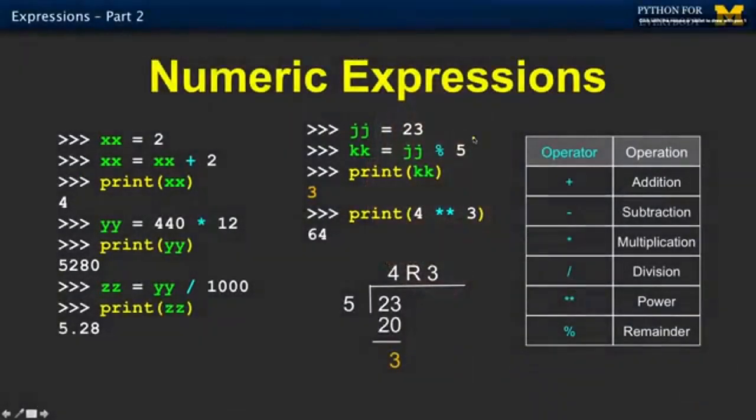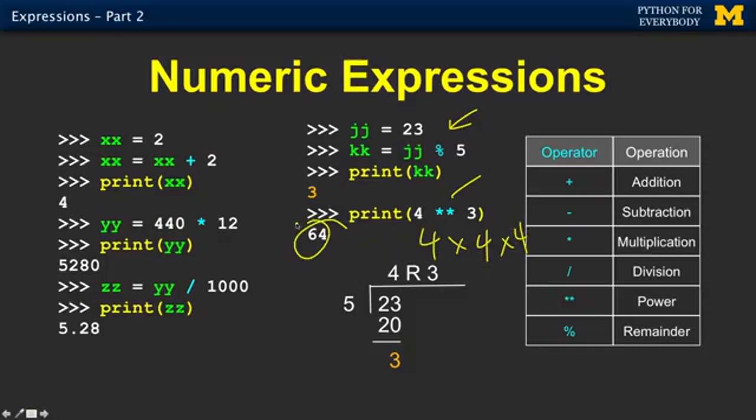So like games and stuff. There's other situations where you can do even and odd calculations, like is this an odd number or an even number: divide it by 2 and see what the remainder is. So this whole notion of the modulo operator is really useful in some situations, and so that's why we obsess about it a little bit. The power operator, this is like 4 times 4 times 4, which is 64.